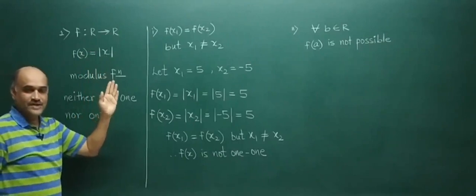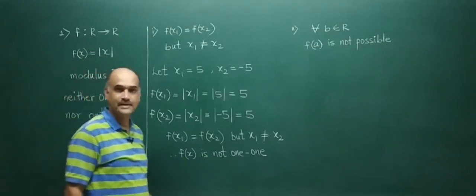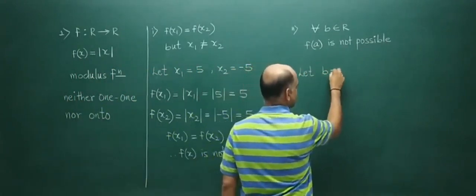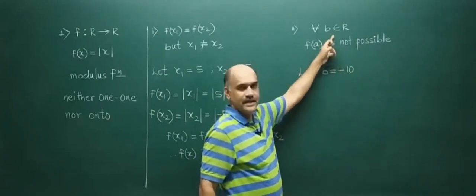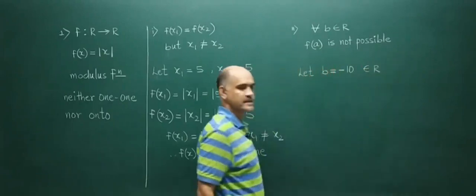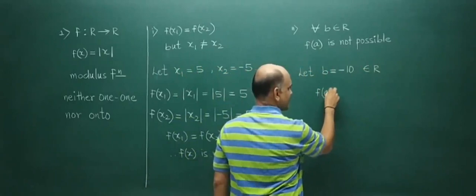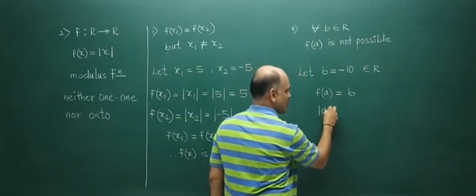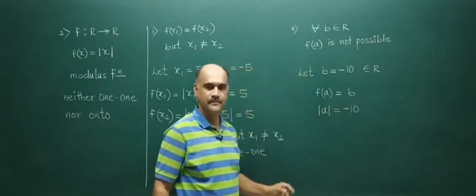A modulus function means you will always have a positive answer. So take b as a negative number. Let b is equal to -10. -10 is a real number, this belongs to R. Now f of a is equal to b. f of a is nothing but mod of a. Mod of a is equal to -10.